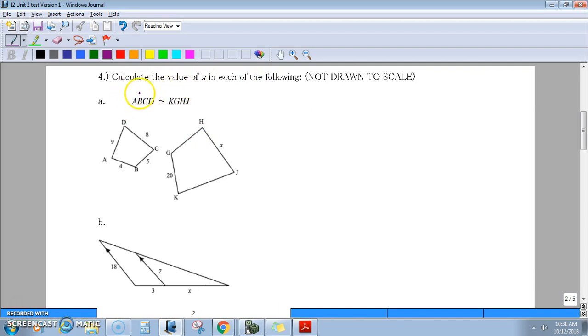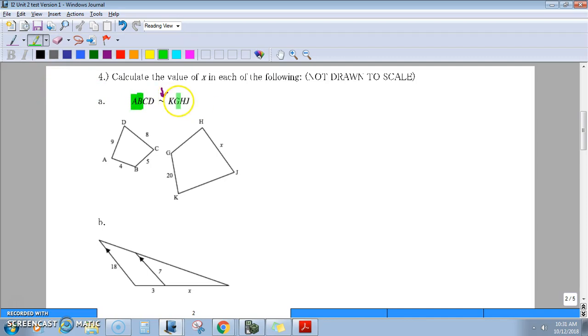If quadrilateral ABCD is similar to quadrilateral KGHJ, find the value of x. It's really important here to remember your corresponding sides, and it's written that way.